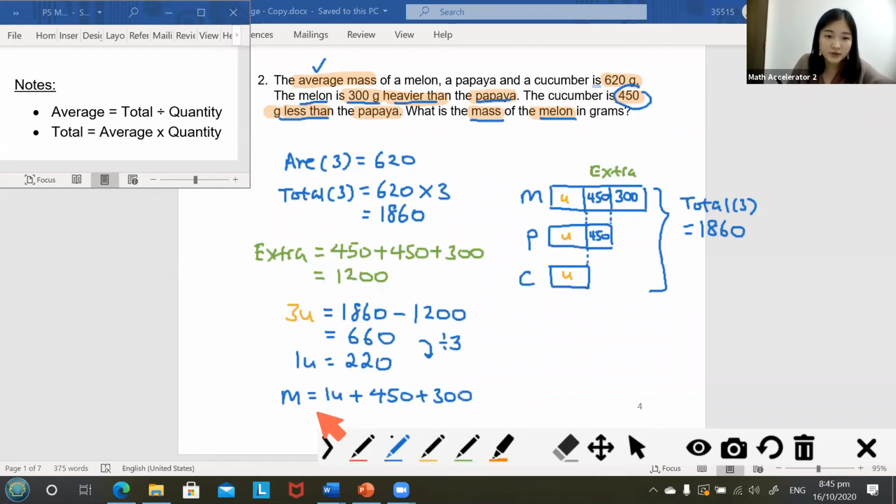Okay, and you found the 1 unit already. So 220, you add up everything here. What are you left with? 970. Okay, thank you. So 970 grams is your answer.